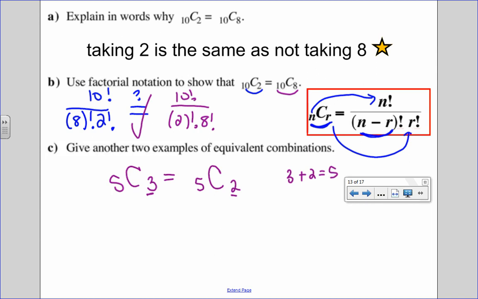So let's try another one. If I gave you 7C4, again, pause the recording, write down an equivalent combination to that, and then come back and see if you're right. So what would be equivalent is 7C3, because 4 plus 3 add up to the total of 7.